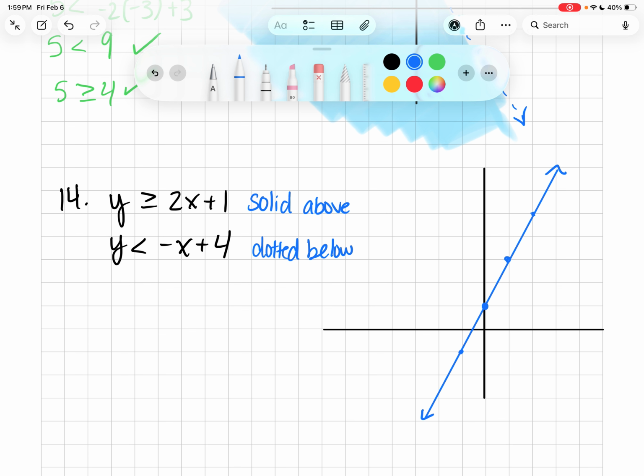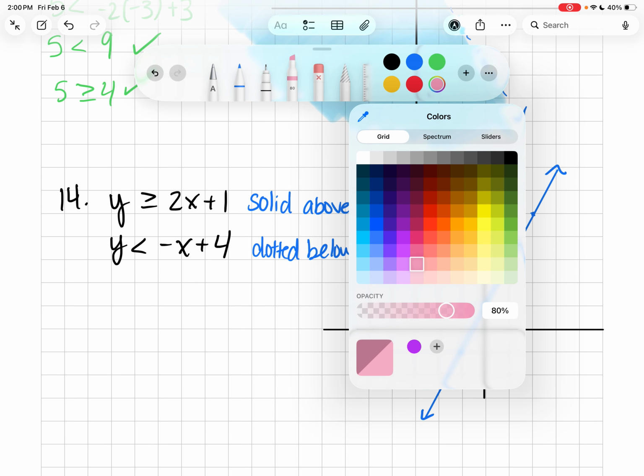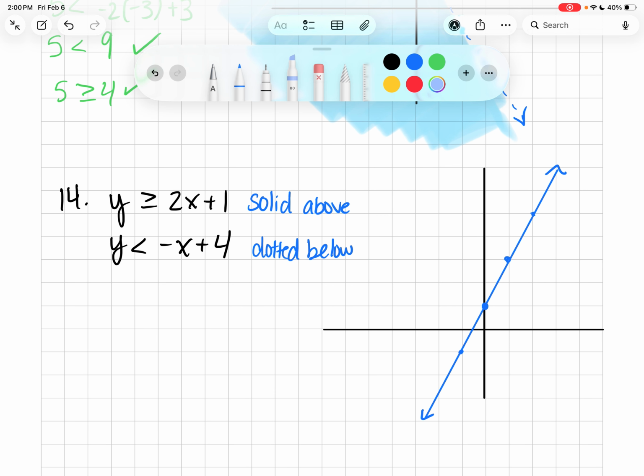Oh. See, I knew I was on the wrong one. So then I shade above, so I'm looking for where my y value's bigger. Well, that's up here, because sometimes it's kind of hard to tell when the line is like almost up and down. So this one is shaded over here. Ooh, I like that color.